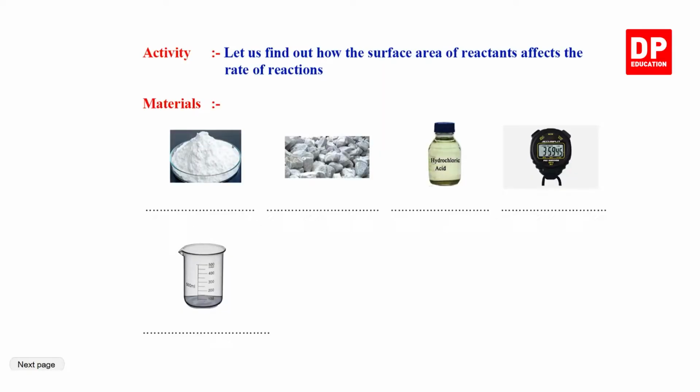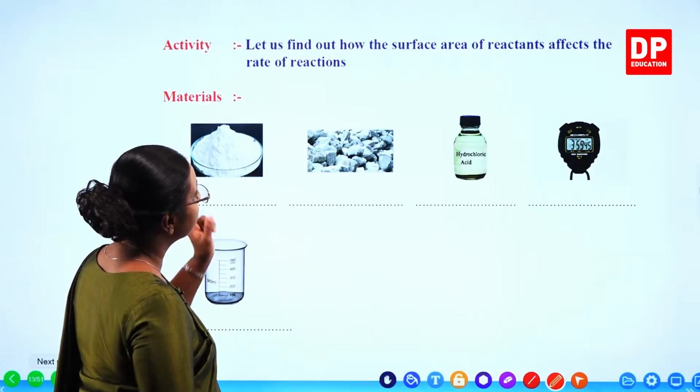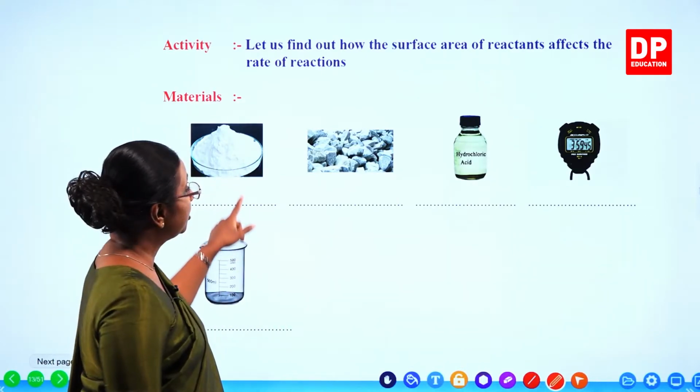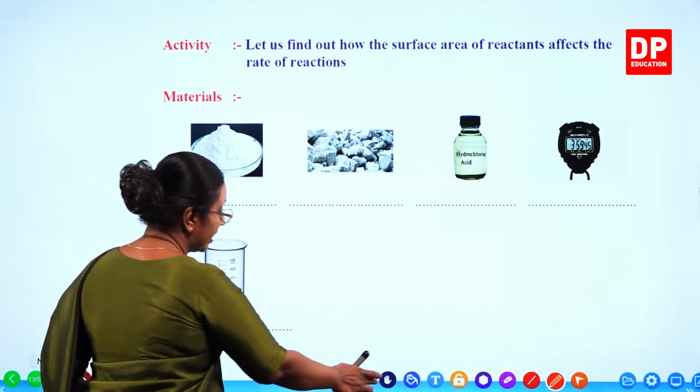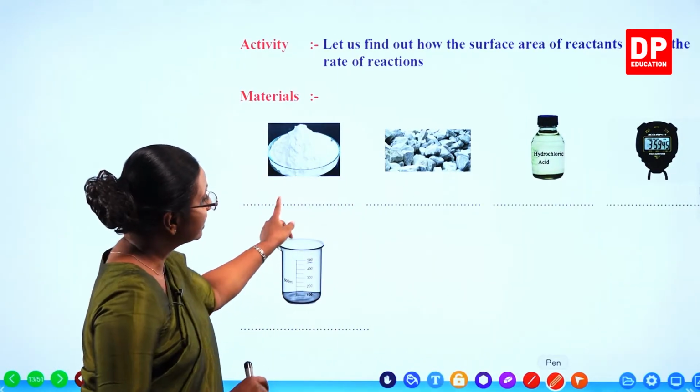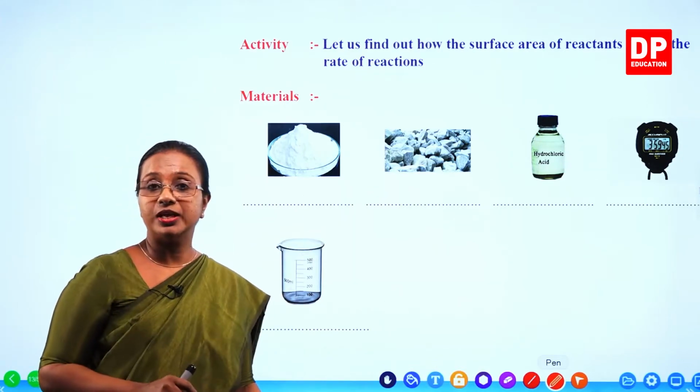Here we discuss an activity. Let us find out how the surface area of reactants affects the rate of reactions. For that we need to use these materials. Like I told you all before students, we will be looking at the reaction between calcium carbonate and hydrochloric acid.